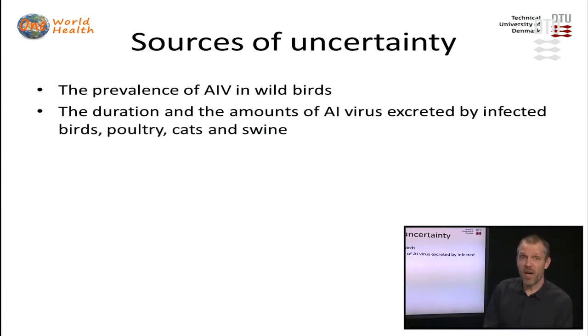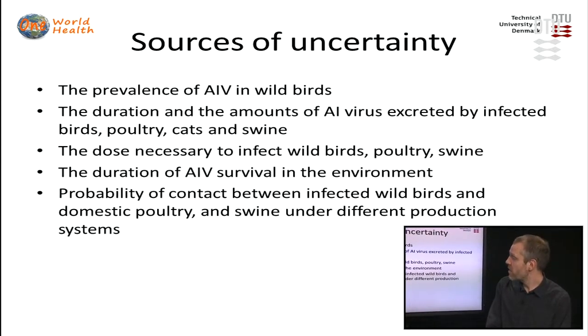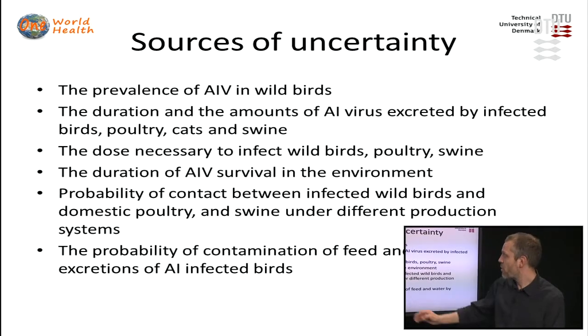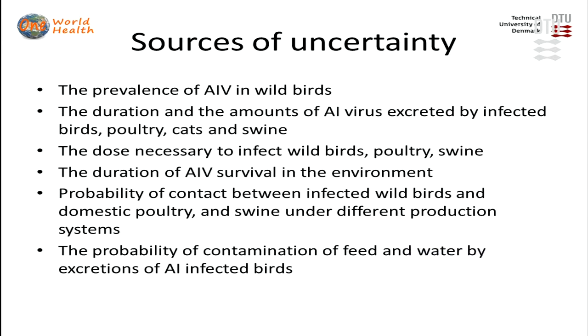The duration and the amount of avian influenza virus excreted from infected birds was unknown, and it went on with several steps of unknown factors. And here in the final step, the probability of contamination of feed and water by excretion of avian influenza infected bird was also unknown. So all these steps of unknowns of course sum up to a very high uncertainty in this risk assessment.